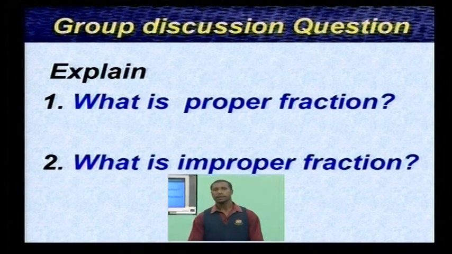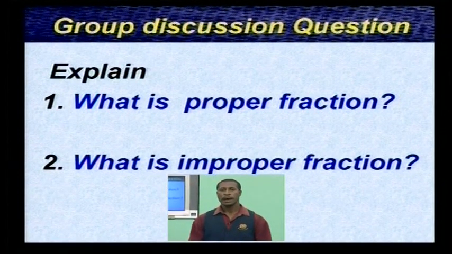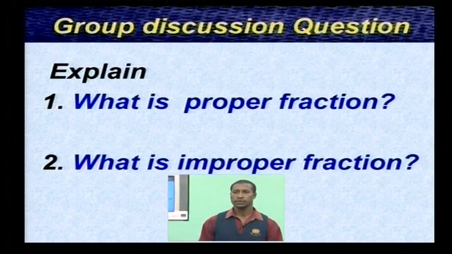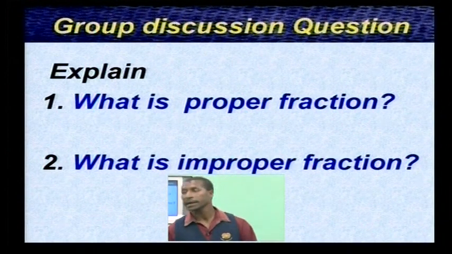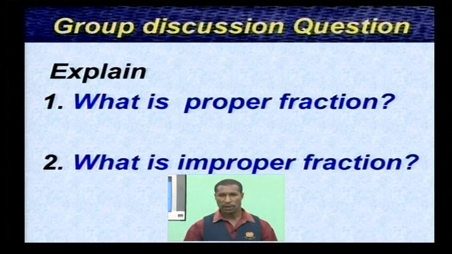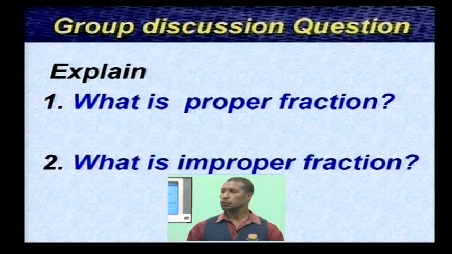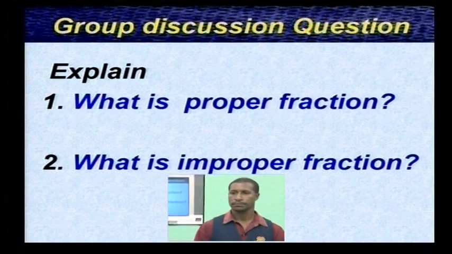Now students, while you are explaining what proper fraction and improper fraction is, I would like you to give examples. 3 examples of what proper fractions are and 3 examples of what improper fractions are. So while you are explaining those 2 terms, make sure you give examples of them.